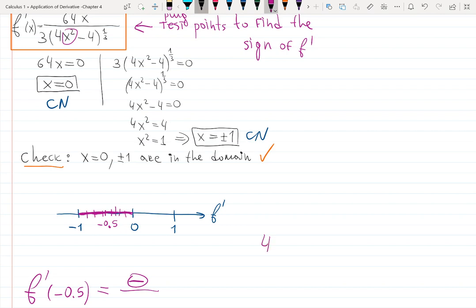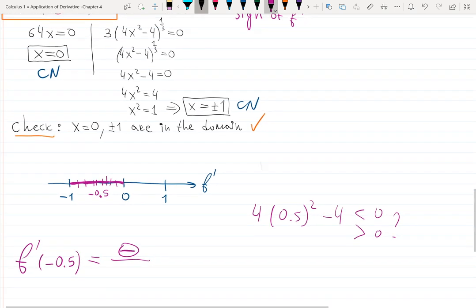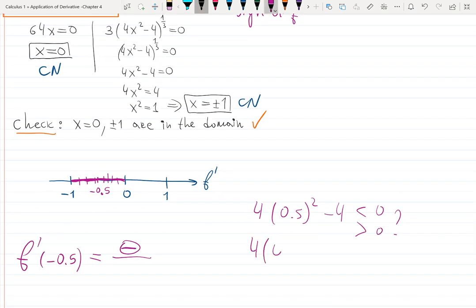So you can check that the whole is, yes, it becomes even smaller. Let me check here. 4 times 0.5 squared minus 4. The whole question here, if this is positive or negative, that's what we're trying to do. 4 times 0.25, right? So negative 4. Definitely, since this is a fraction, basically 1/2 squared becomes 1/4.